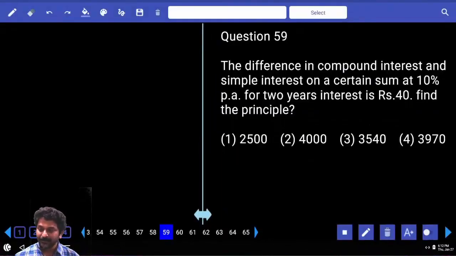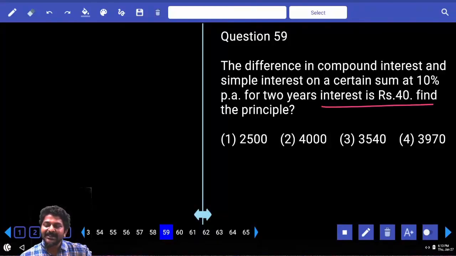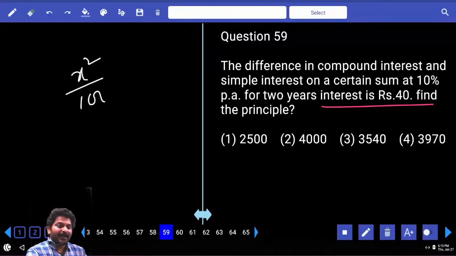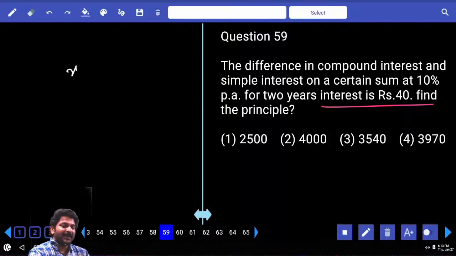The difference in compound interest and simple interest on a certain sum at 10% per annum for 2 years is 40 rupees. Find the principal. You know the difference between simple interest and compound interest for 2 years is X square by 100%, where X is the rate of interest per annum. Simple interest every year is the same, so you get X% and then X%.